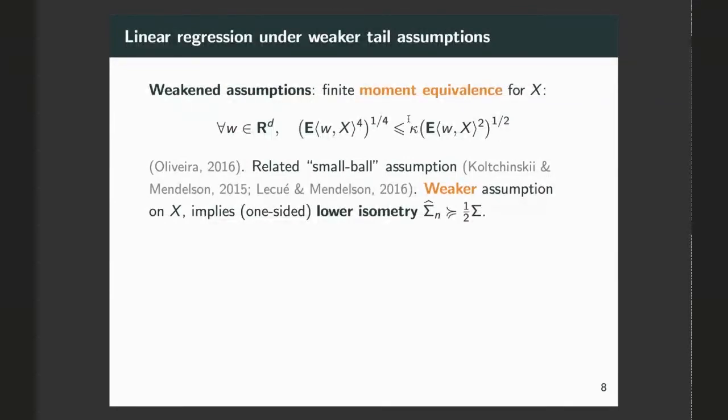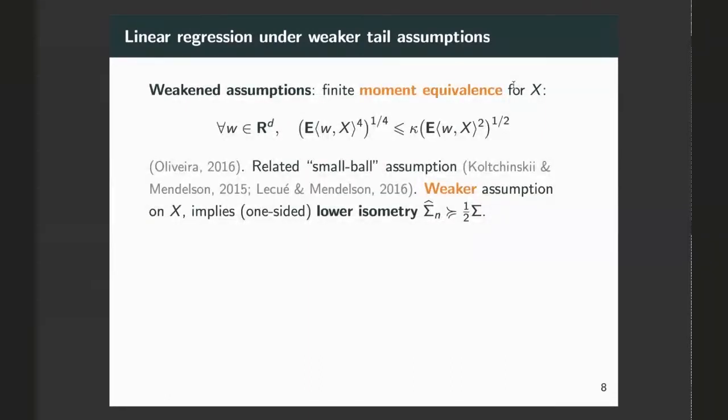It's not extremely important, but it's some form of control of moment ratios. Basically, the fourth moment of one-dimensional linear projections of X, in all directions, is always larger than the L2 norms, but now I ask that there is a converse inequality, so that the L4 norm is controlled by a constant times the L2 norm.